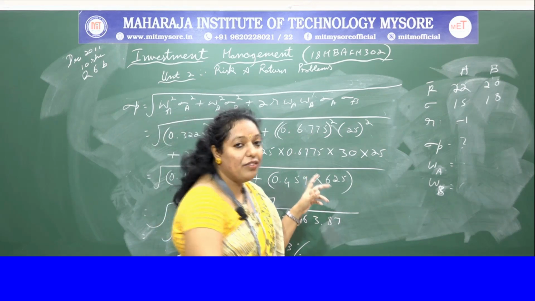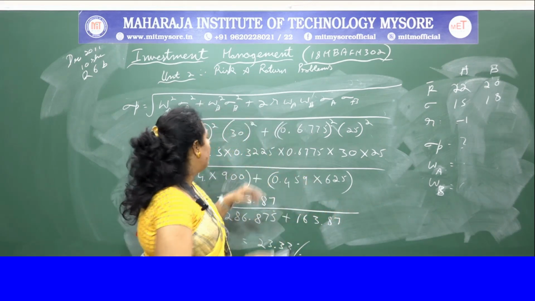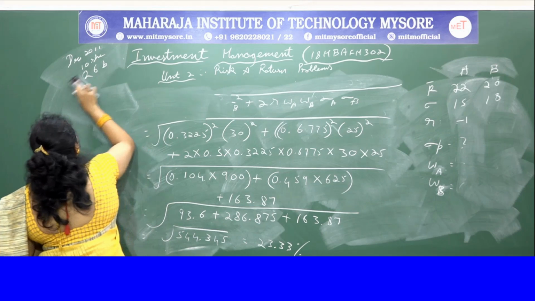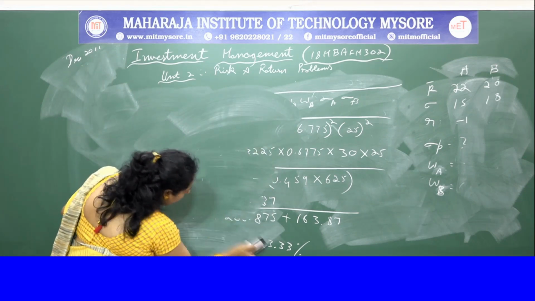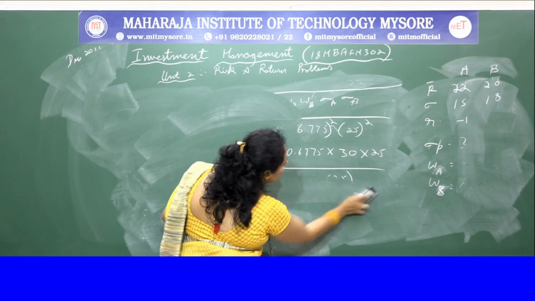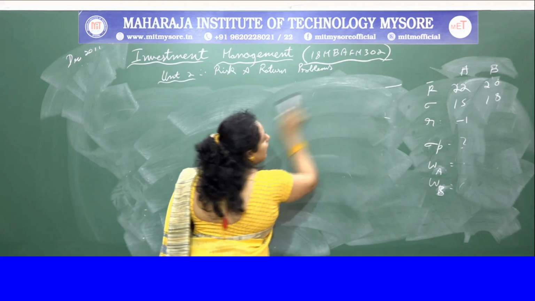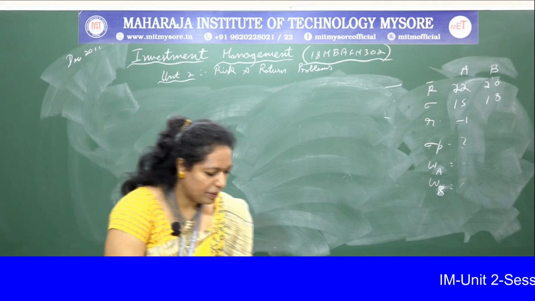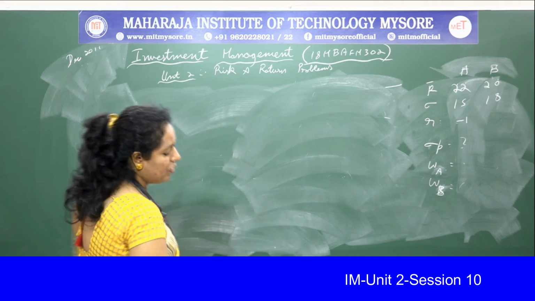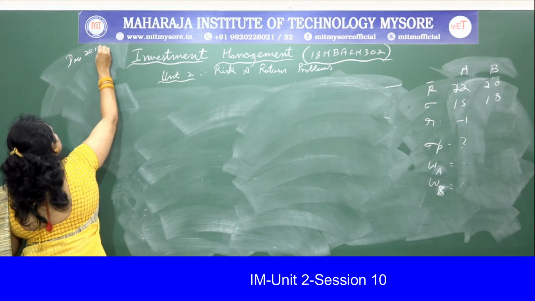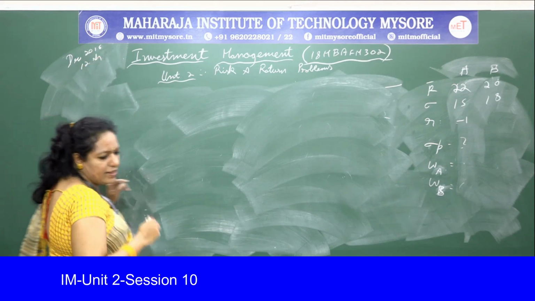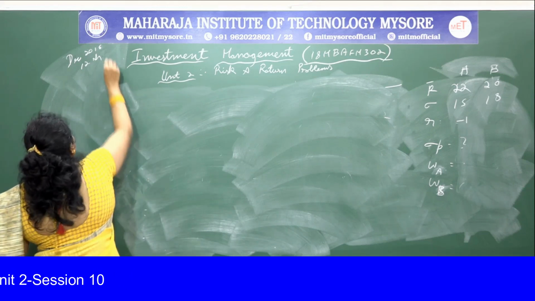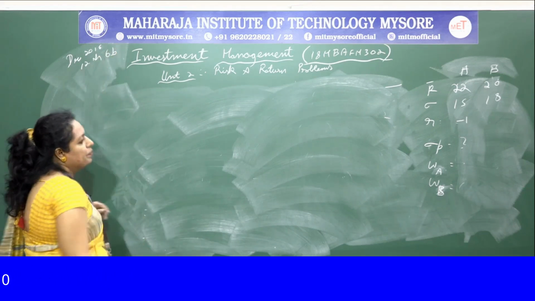Okay, and weights also. To find out the standard deviation P, you need the weights. Okay, the question paper which I dictated the problem from, June, July 2016, 12 scheme, is problem number 6B.